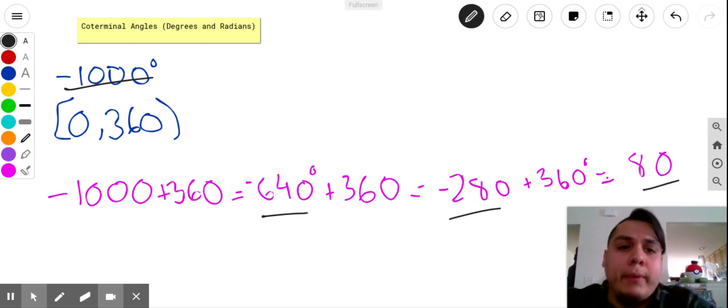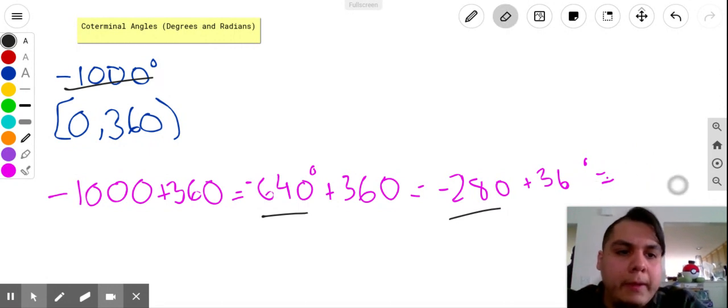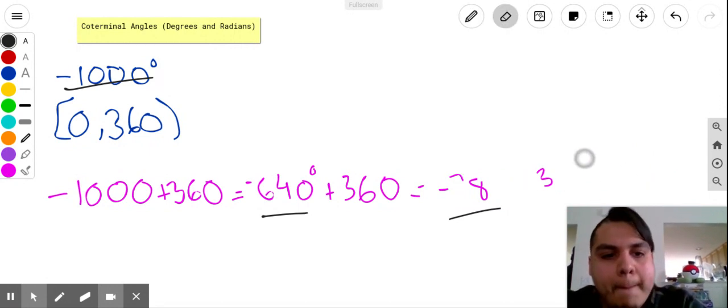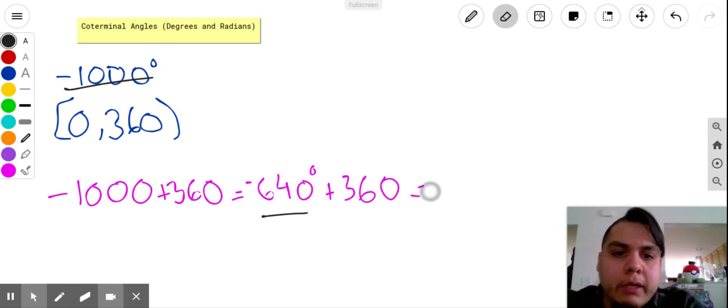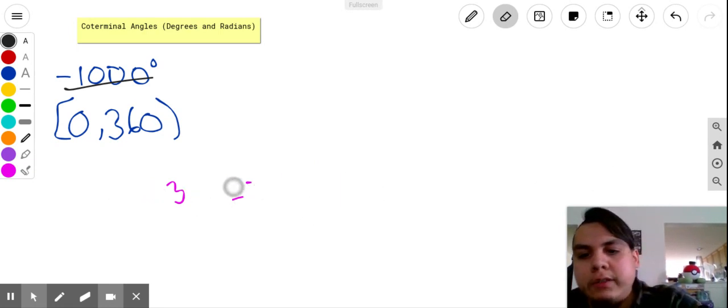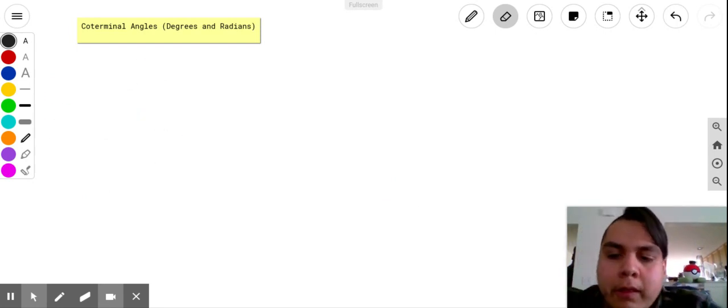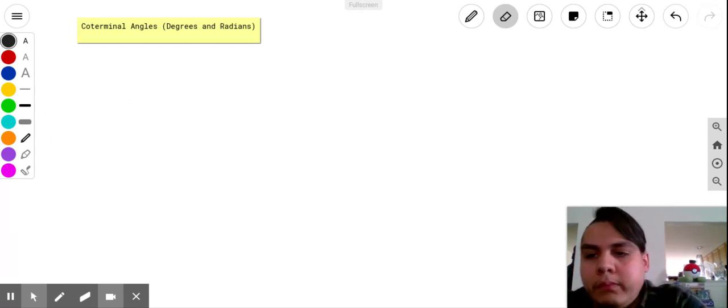Now, if we're talking about radians, though, that changes our answers a little bit, because we're not dealing with degrees anymore, so the amount that I'm adding or subtracting changes. And this is where my fraction knowledge, fluency comes into play.